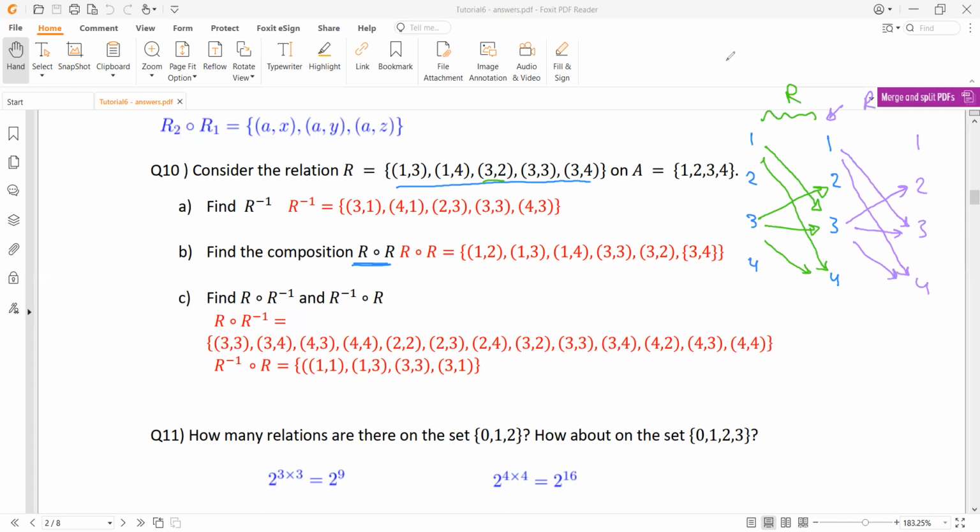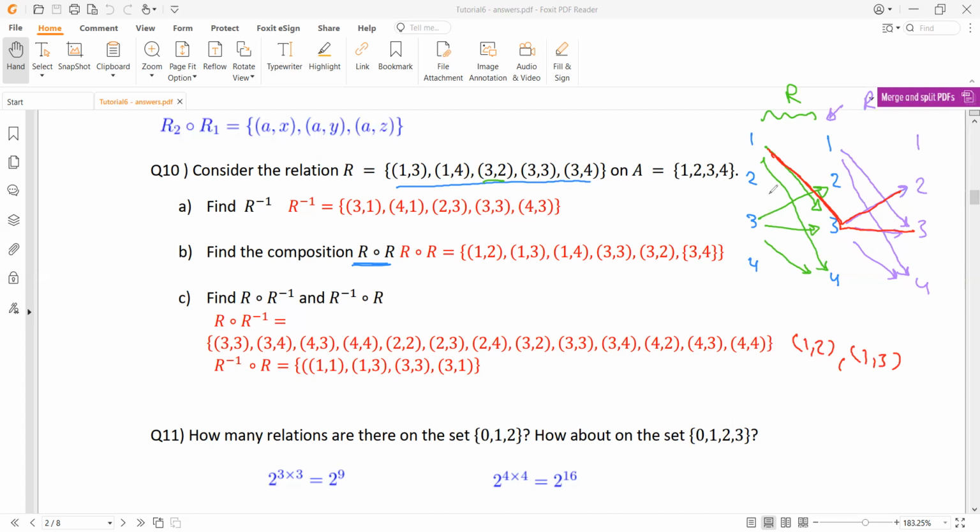And try to draw here using the red color, for example. 1 goes to 3 to 2, so here I have 1 to 2. 1 goes to 3 to 3, so here I have 1 to 3. 1 goes to 4 and 4 goes to nowhere, so it doesn't count.